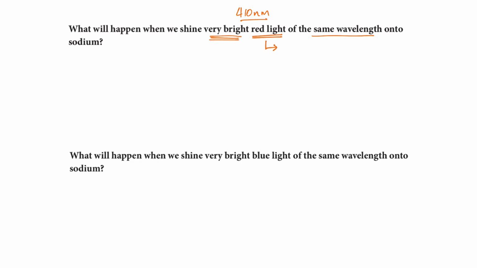First thing here, we've got high intensity, but we've got a very low frequency. Now, because we have a very low frequency, we can say that no electrons are ejected.